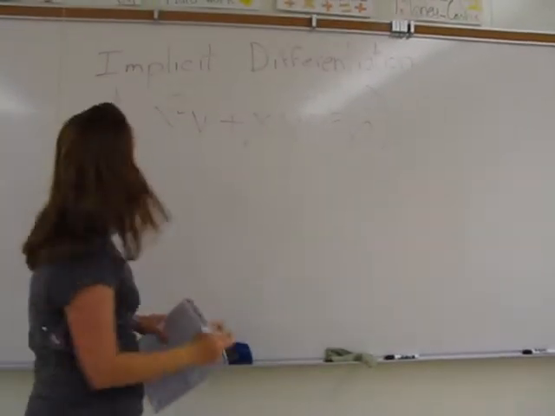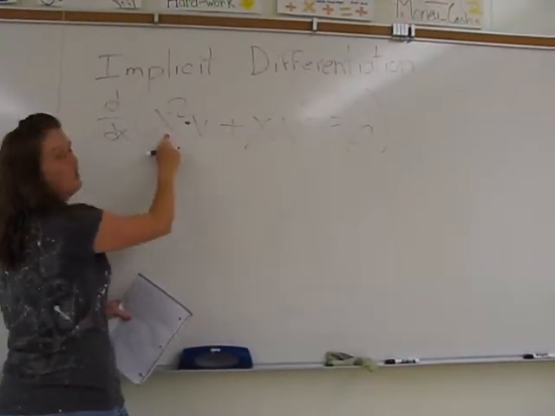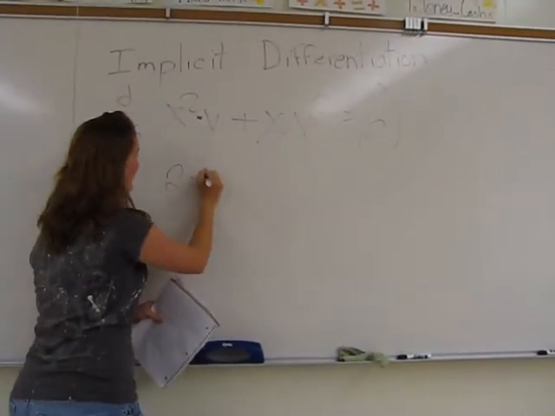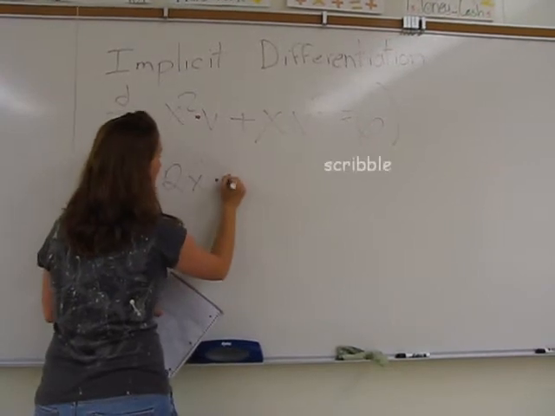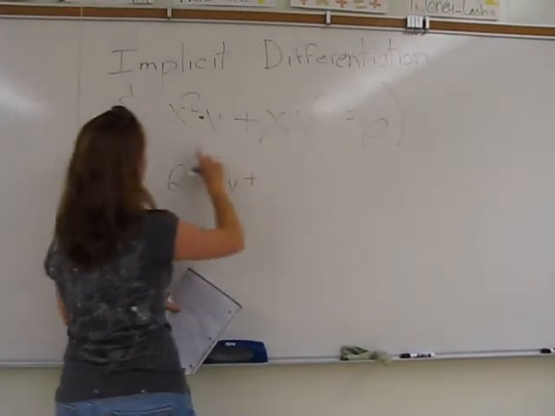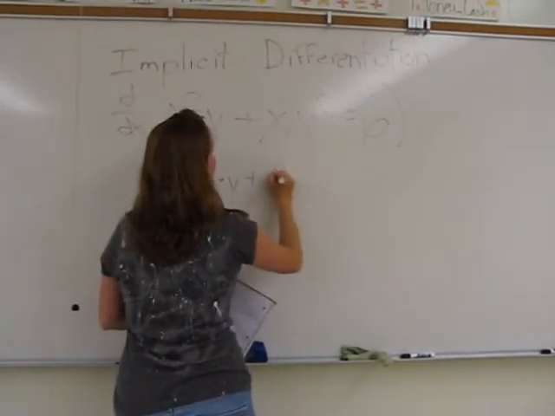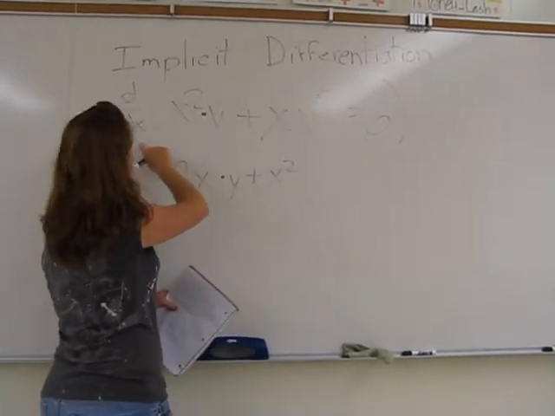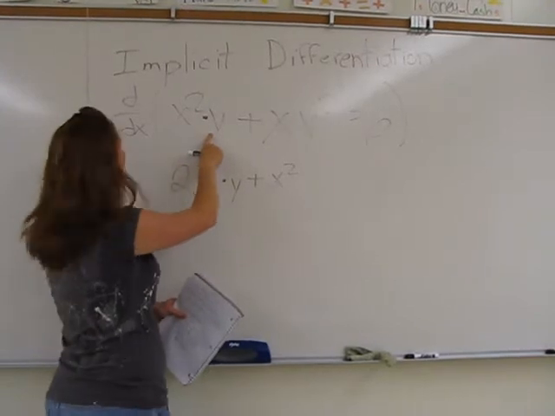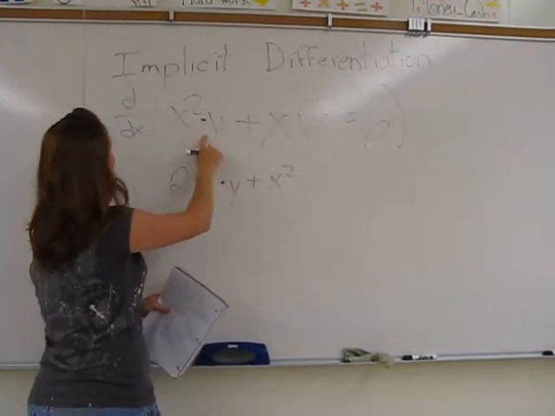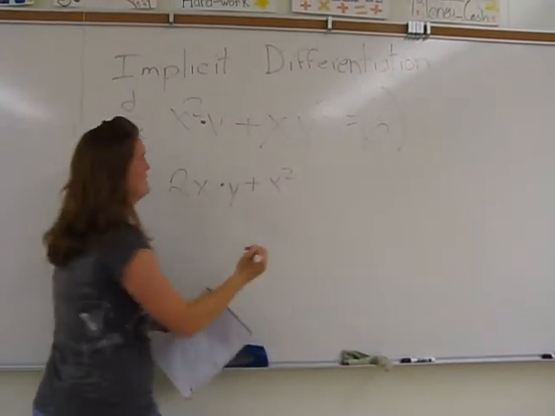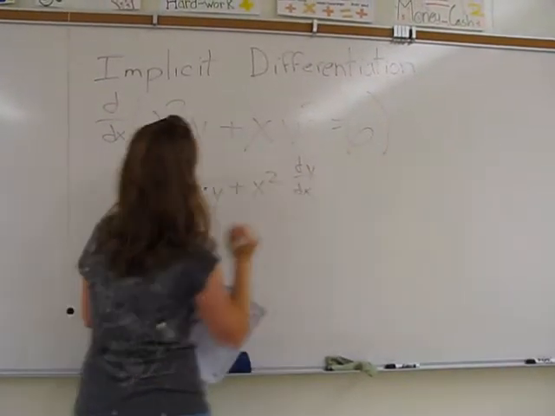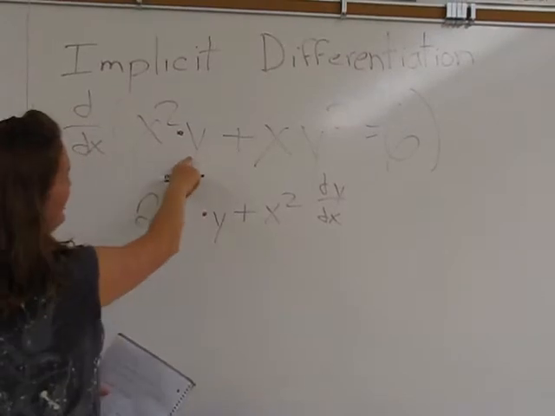Using the product rule, we differentiate x squared first. So we get 2x times y plus x squared times y differentiated. When we take the derivative of y, we get dy with respect to x, which is dy/dx.